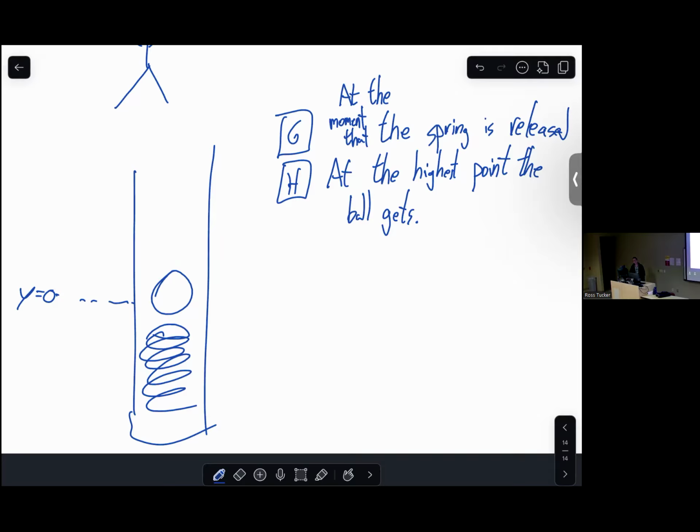Gravitational potential energy happens when you are up, when something is up. And kinetic energy happens when something is moving.